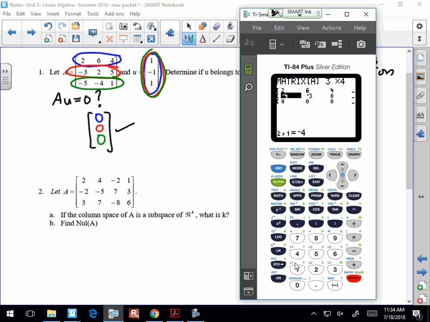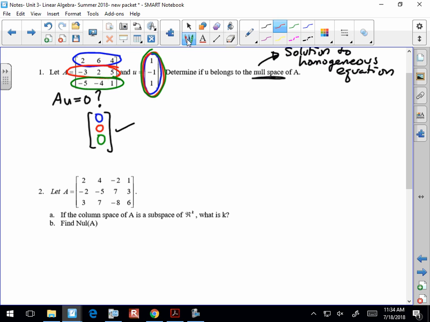You obviously don't need the 0 for homogeneous, but I will put it in anyway. I'm just solving the homogeneous equation Ax equals 0, just to see what happens.